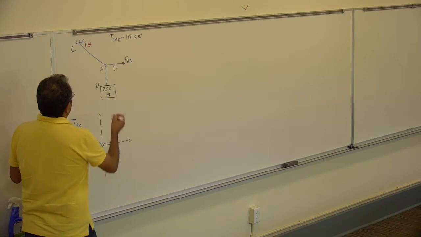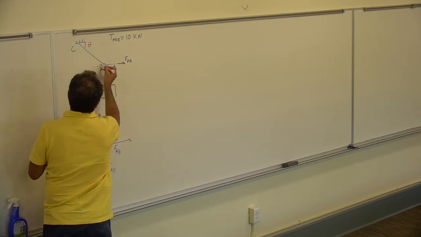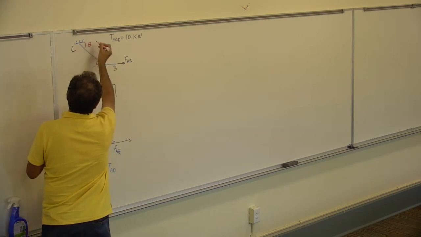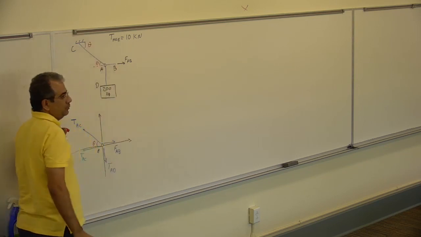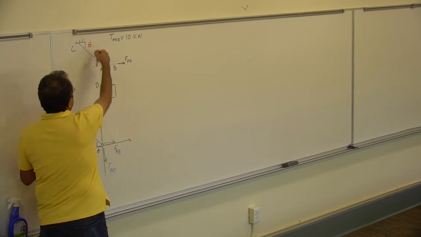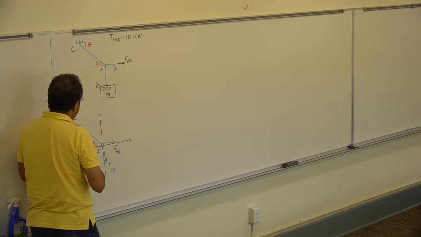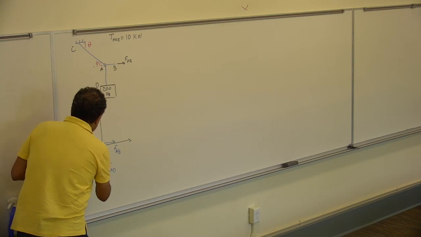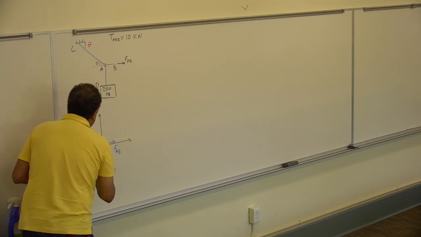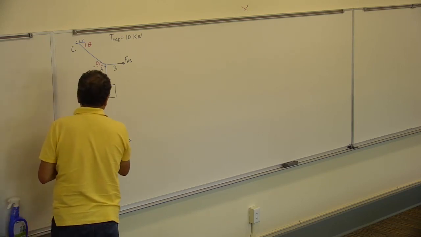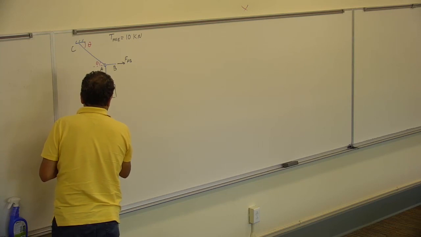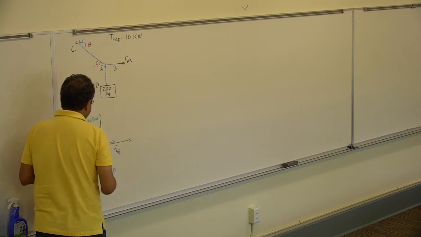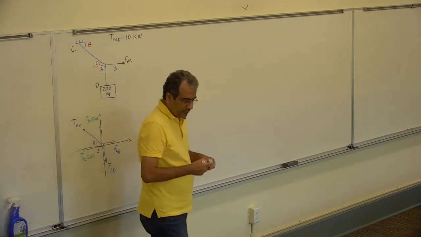The theta is the same because these two lines are parallel and one line passes through two parallel lines, so it's going to have the same name. So it's going to be TAC cosine theta going this way, and then TAC sine theta going up.